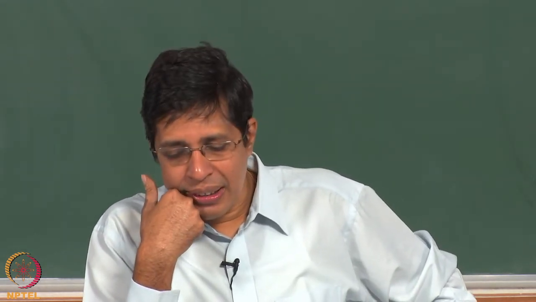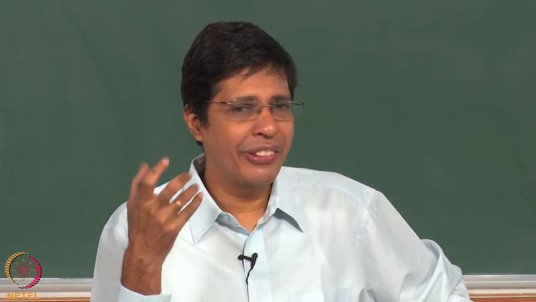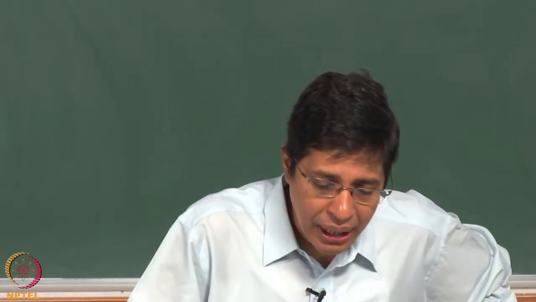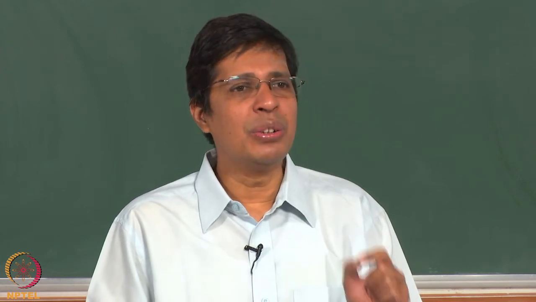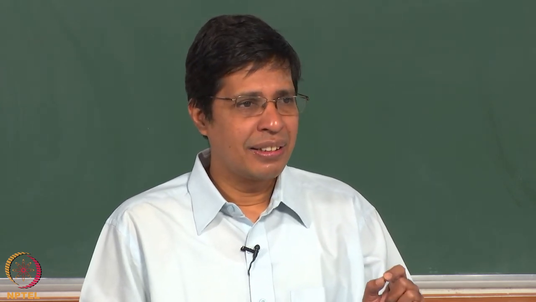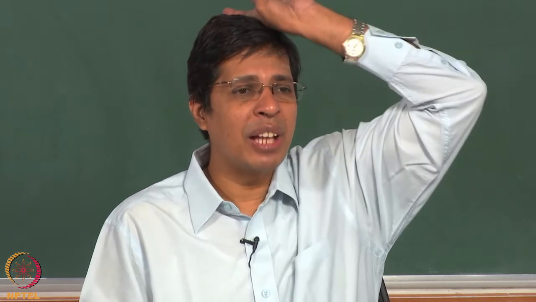There is something called exclusive. Exclusive means I alone have that address stored in my cache alone, and the value that is there need not necessarily be the value in the main memory.